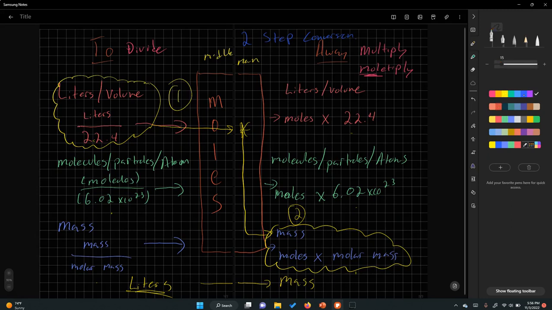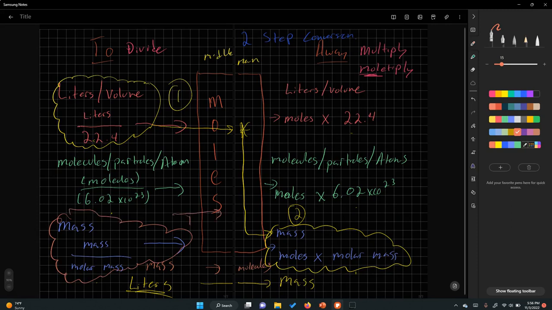Say instead we want to go from mass and convert that into molecules. Well, we're starting at mass, and we first need to convert that into moles.